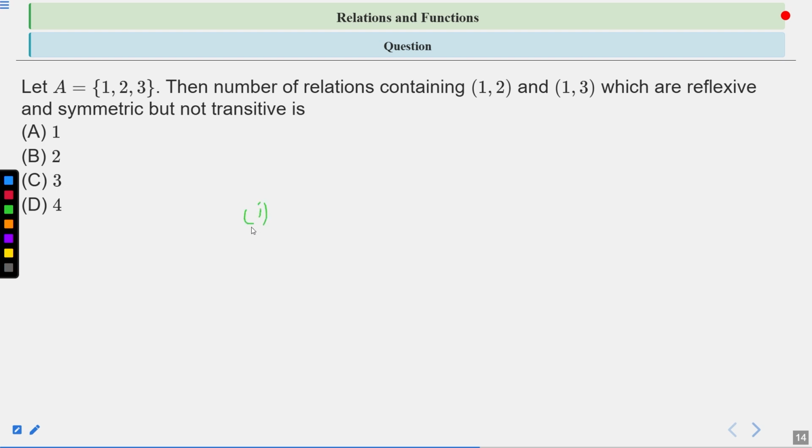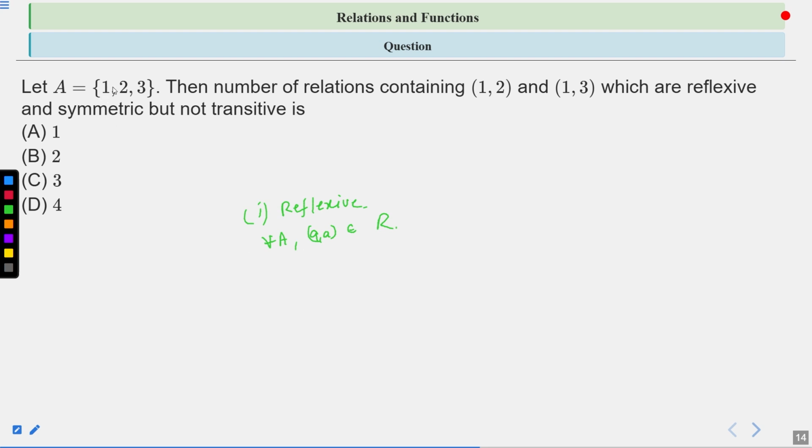So first, what is a reflexive relation? A reflexive relation is basically, for every element a in A, (a, a) should belong to R. For all a, (a, a) should belong to R for reflexive, right?